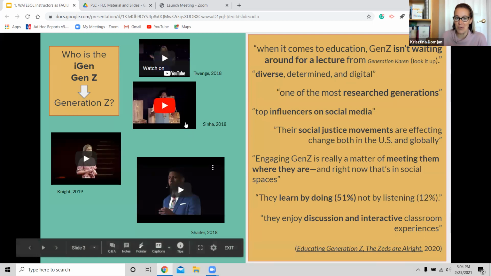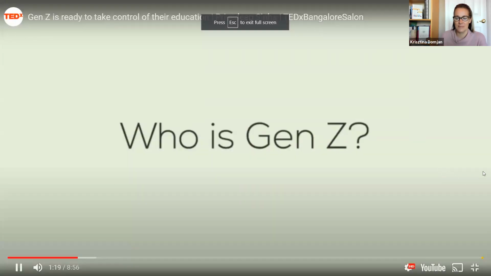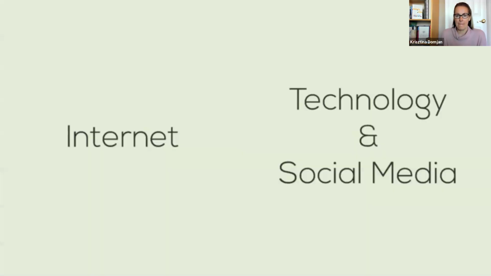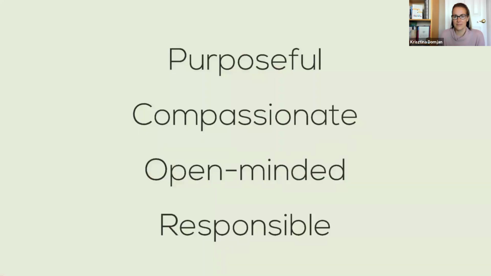We always have this belief in our mind that we know Gen Z, but we actually don't. What most of us know about them is that they're great with internet, and they're very tech savvy, and they are superb on social media. What we don't know is that they are way more purposeful, way more compassionate, open-minded, and responsible people than any of the 3 or 4 generations before them.